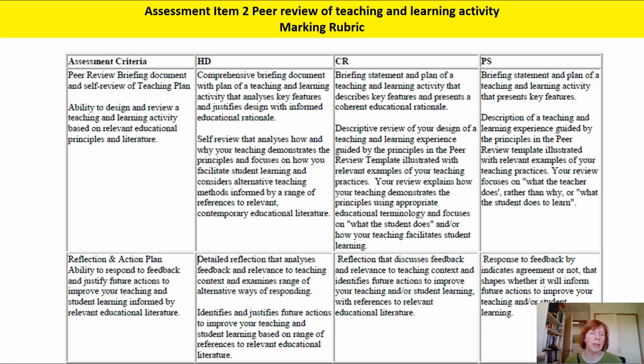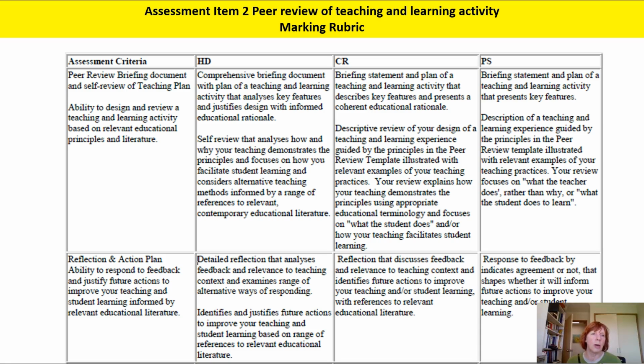This is our rubric for the assessment item, and I've just focused here on the first two parts of it, and in looking through the sort of examples of what I'm looking for, I'll really just focus on the first part, because the same criteria are mirrored throughout the whole of the rubric.